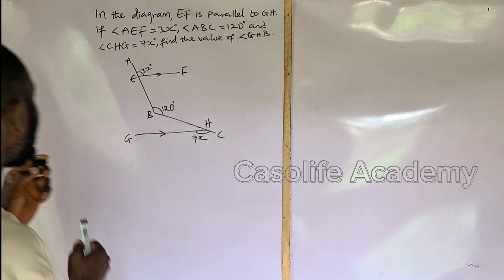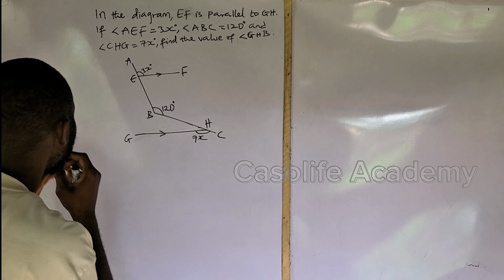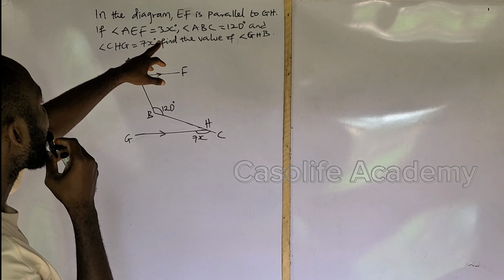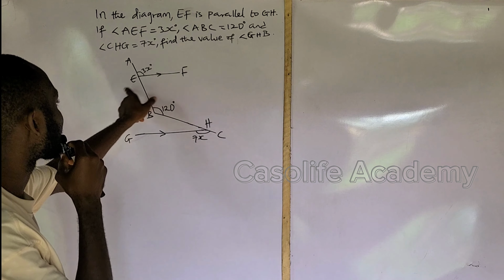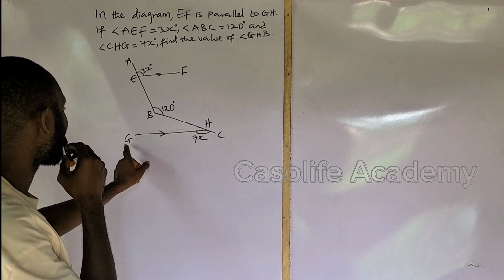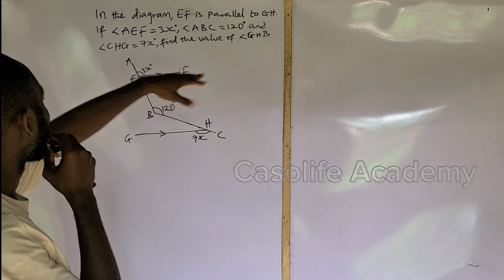So today we'll be looking at this problem that says that in the diagram EF is parallel to GH. So we can see line EF is parallel to what? GH.